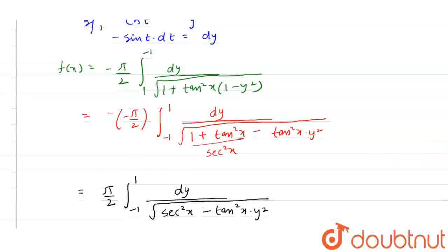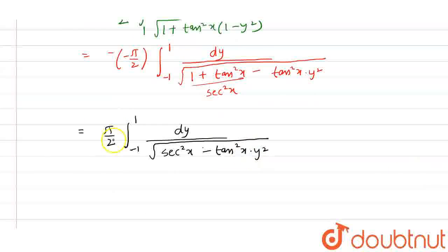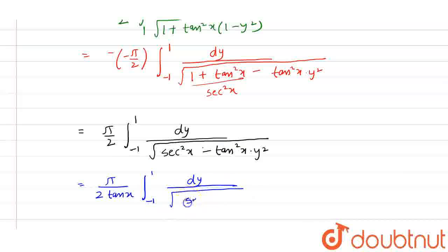If we take tan square x common, we get pi by 2 tan x, because we take tan square x outside the root, so it becomes tan x, integration minus 1 to 1 dy upon root sec square x upon tan square x minus y square.